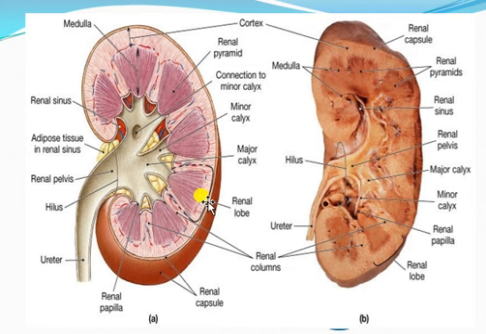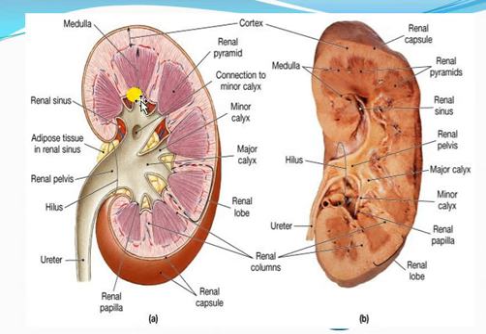This is the original, and this is diagrammatic. This is the medulla, these are the minor calyxes, then the major calyx, and in between is the sinus. The sinus consists of blood vessels.